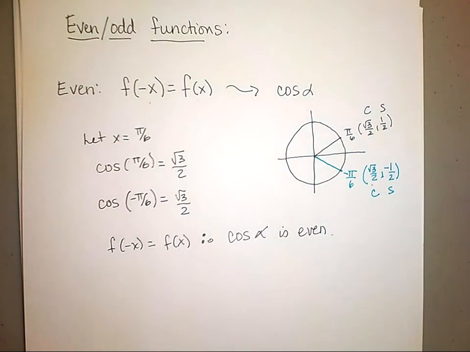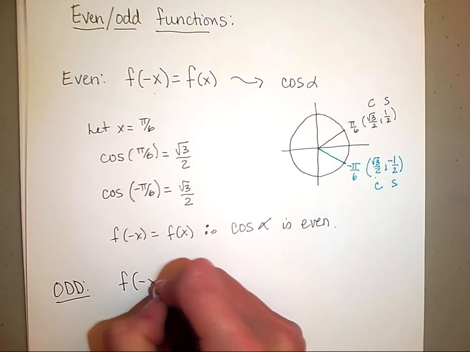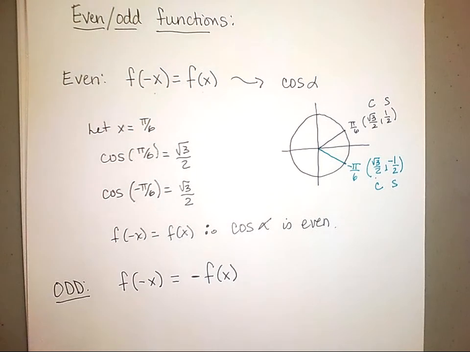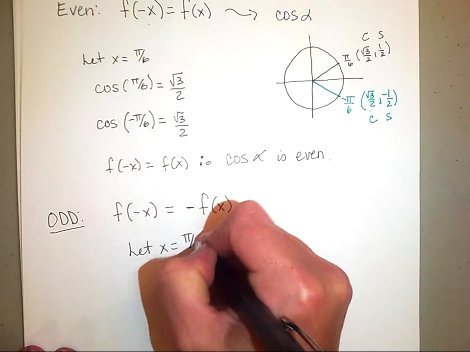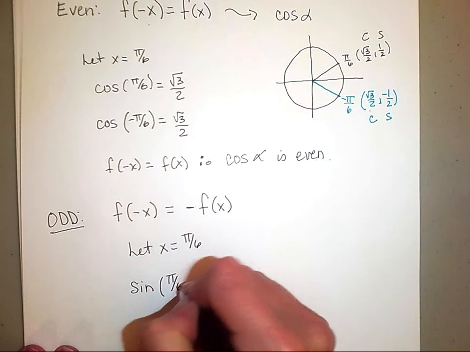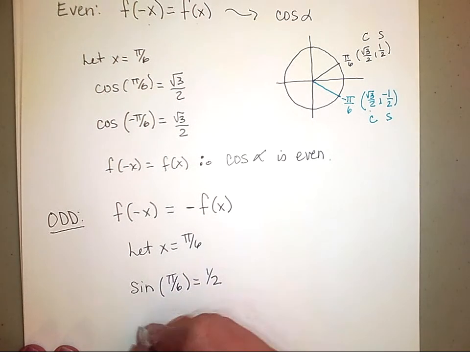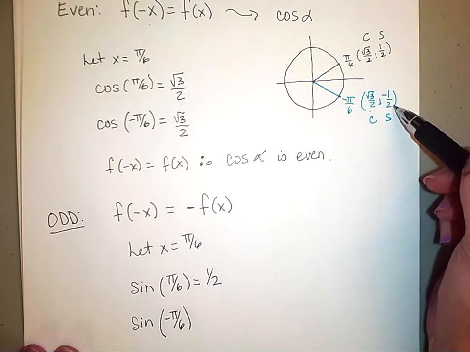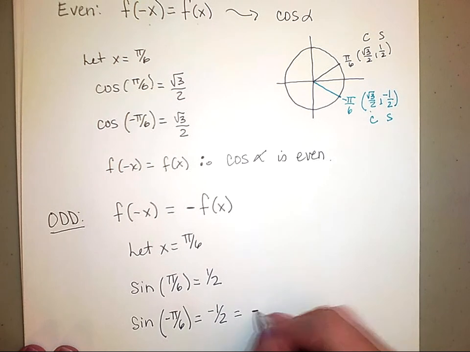Now, if a function is odd, remember when you take the negative angle, what you'll get is the opposite of the original. So again, we'll let x equal pi over 6. And we know that the sine of the positive angle, pi over 6, well, that's here. That's 1/2. We could look at the sine of the negative angle, and we come down here, and that's equal to negative 1/2, which is the opposite of the sine of the positive angle.